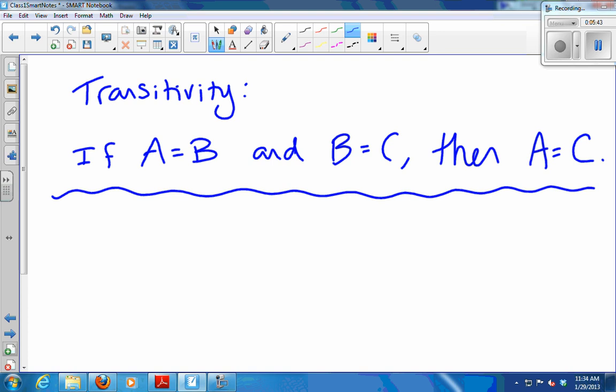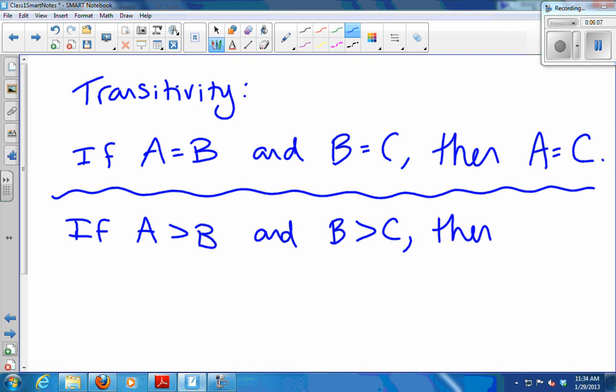It's hard to say it with fill in the blanks because I could do greater than, right? If A is bigger than B and B is bigger than C, then what? A has to be bigger than C.